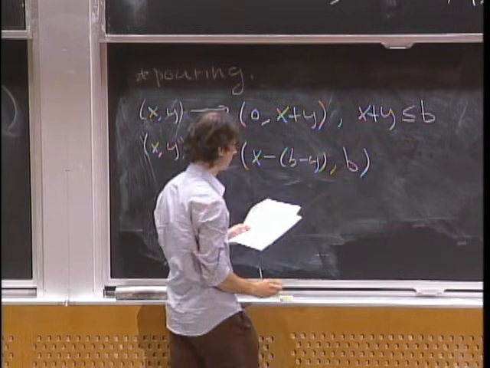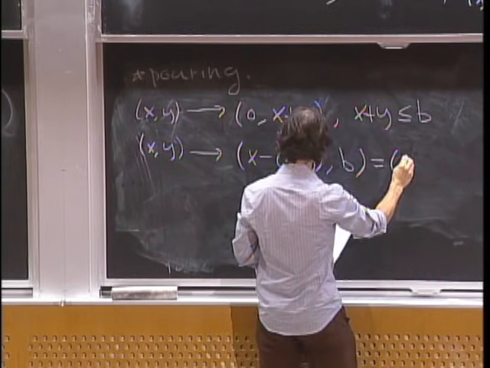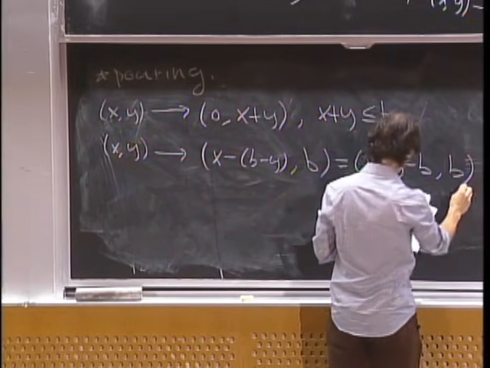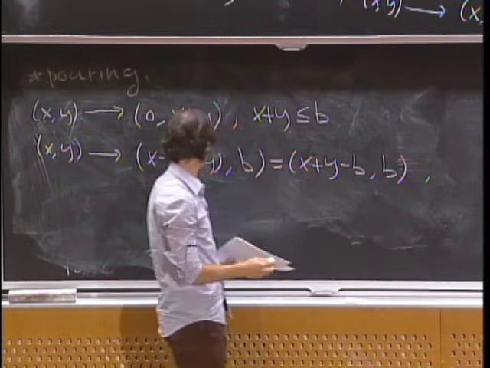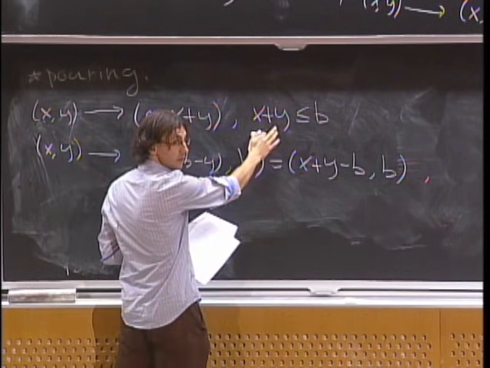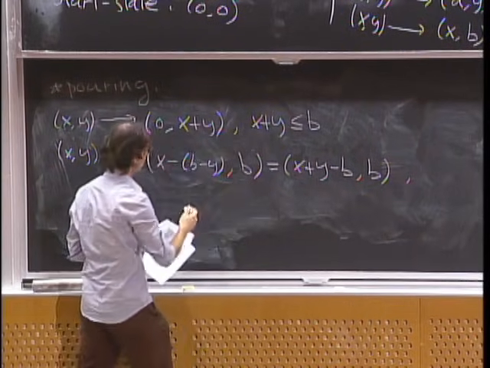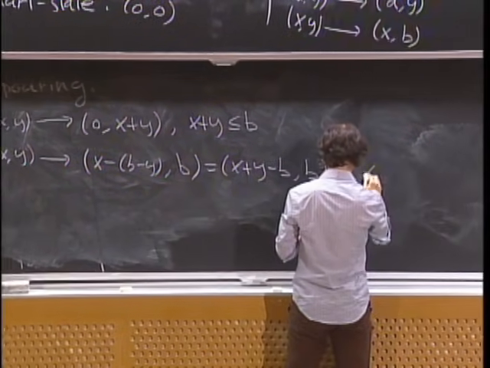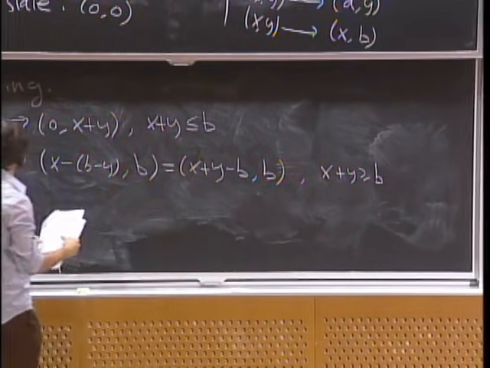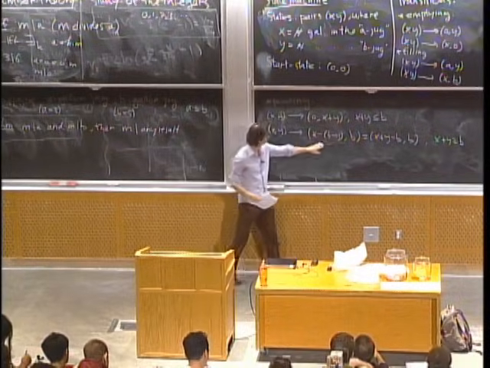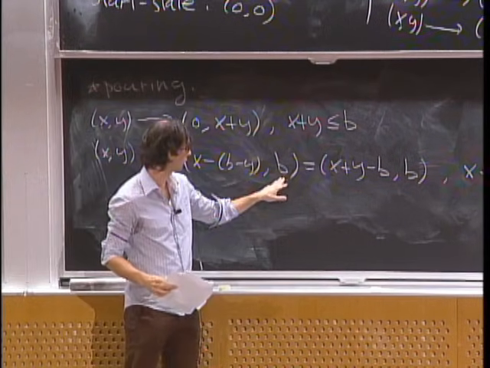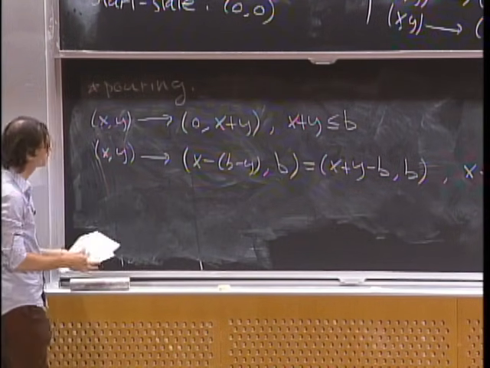So we have b gallons over here. So this is really equal to (x plus y minus b, b). And this only is possible if we are essentially in the complementary case. So we have that x plus y is at least b, such that there is enough gallons in the A jug to be poured over to fill up the B jug. So these are the two kinds of cases.